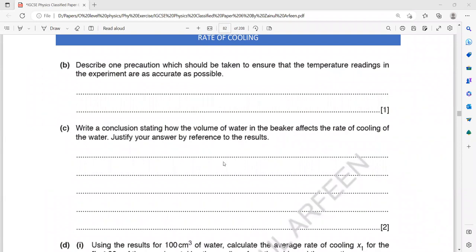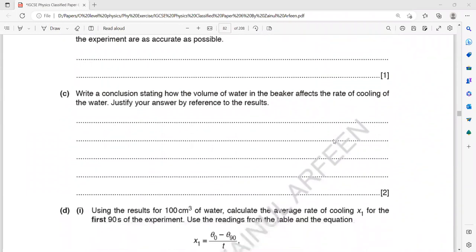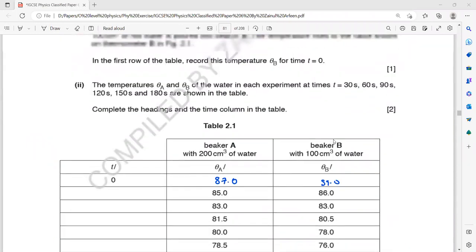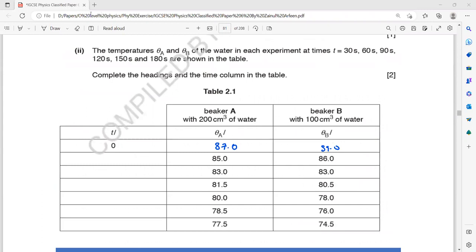Then write a conclusion stating how the volume of water in the beaker affects the rate of cooling and justify your answer with reference to your result. So as you can see here, this was an experiment. Which one cooled down faster? Can you identify from these results?